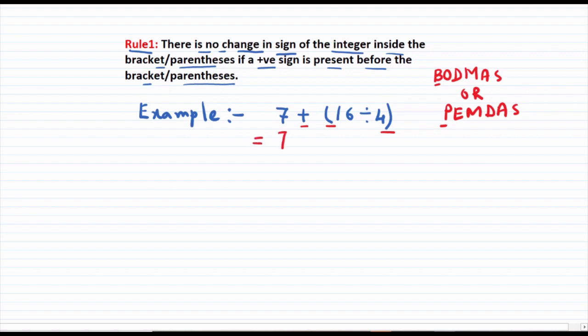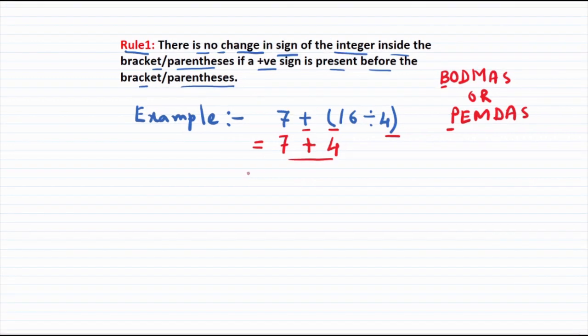So let me finish that part first. 16 divided by 4 gives me 4. And as there was a positive sign, whatever I am getting from here comes over directly. In this step, we have just one simple operation left, that is addition.